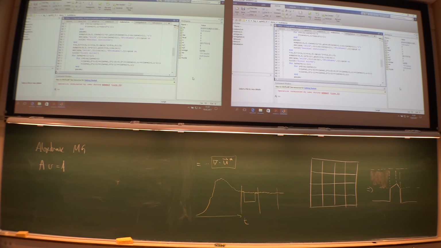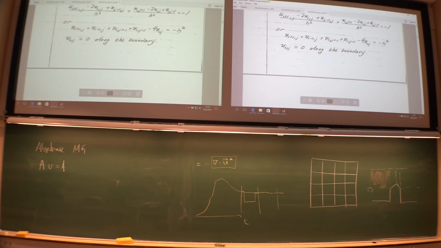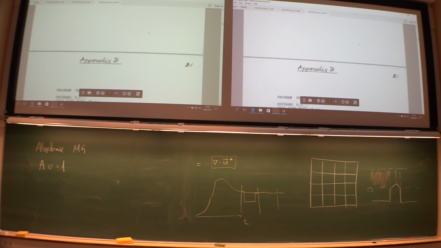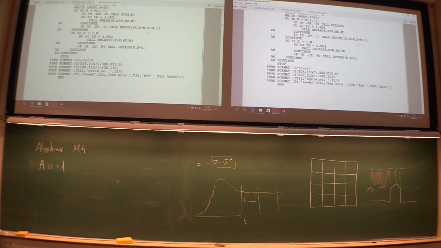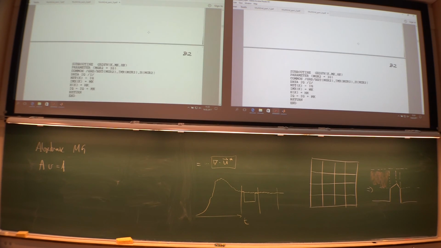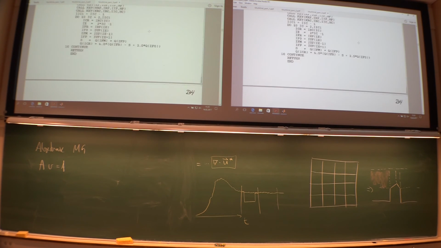Okay, then I think we have said enough about multigrid. The different appendixes show you the Fortran 77 source codes. So not so fun to read maybe, but you have them.